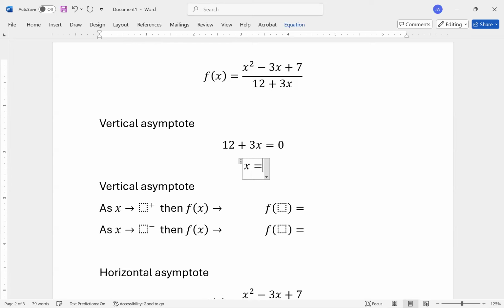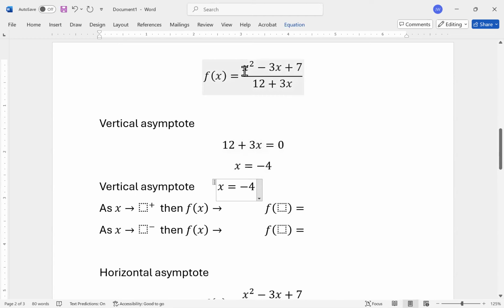So we get x is equal to negative 4 as my vertical asymptote. That is, the line x equals negative 4 is the vertical asymptote of this rational function. And there's only one because there's only one x value that gives us 0 in the denominator.